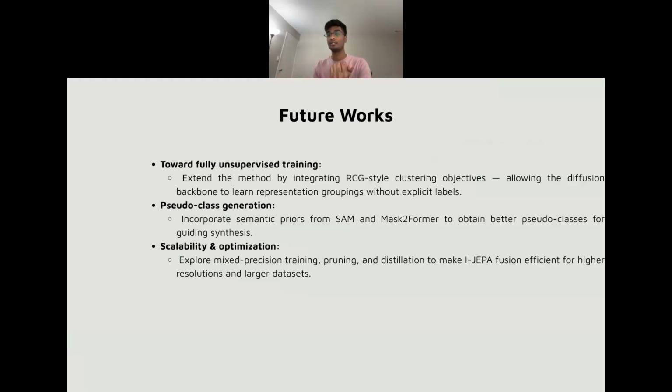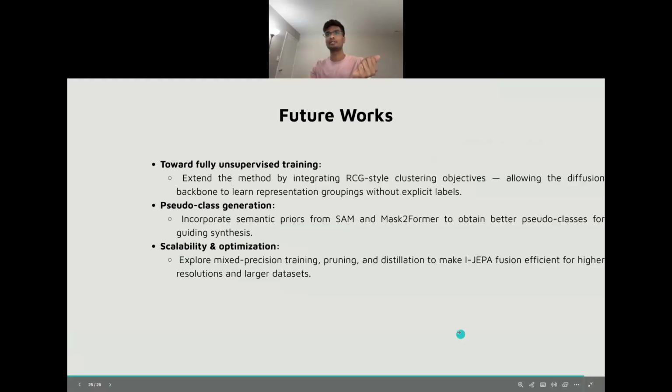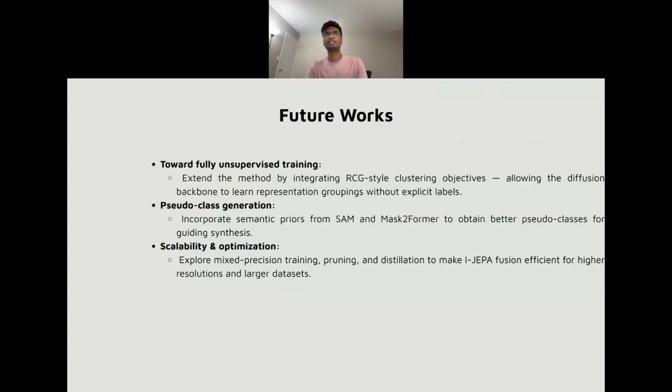And Mask2Former is pretty good at giving semantic meanings for the bounding boxes. So there is an idea where we can somehow use these techniques to improve the semantic meanings using I-JEPA. And also, yeah, that's basically it.